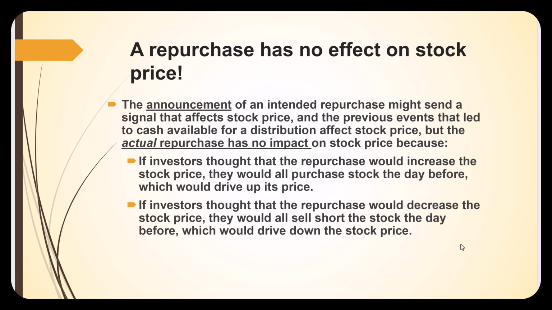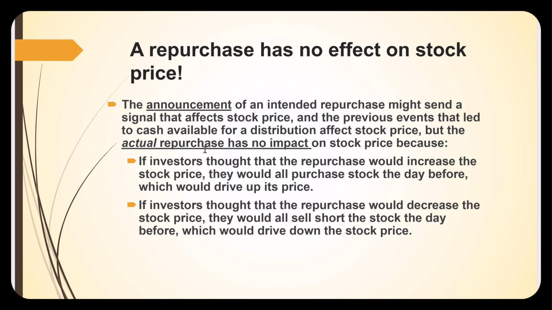One of the things that we'll show in a second here is that a repurchase has no effect on the stock. Now, that doesn't mean that a repurchase won't affect stock price. The announcement itself may be a signal that affects stock price change, but the journalizing entries will not create a change in price for the stock.